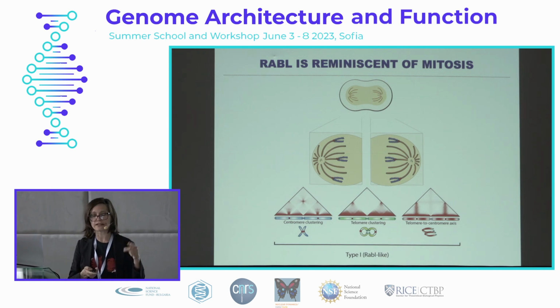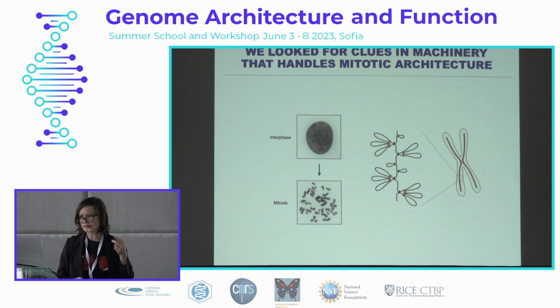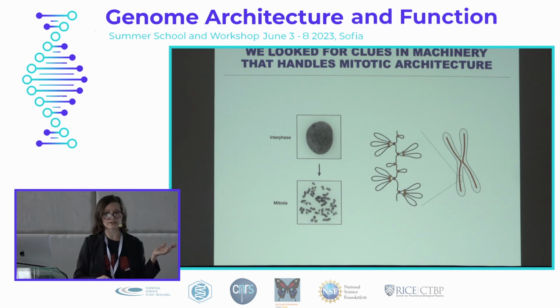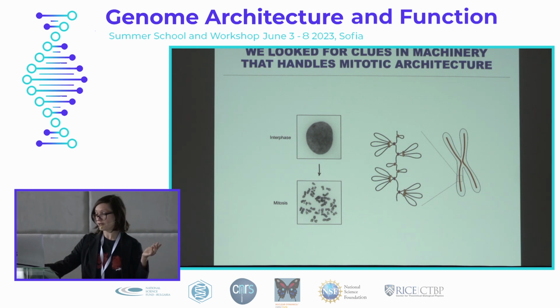So we started systematically looking through different machinery that handles mitosis to see if there is any correlation between the mitotic machinery and our type 1 or type 2 architecture. And we did find some.